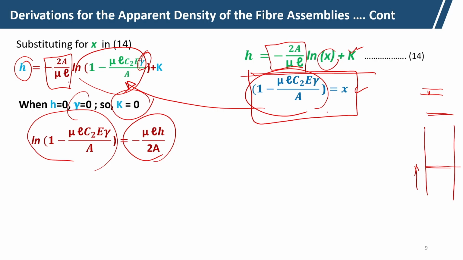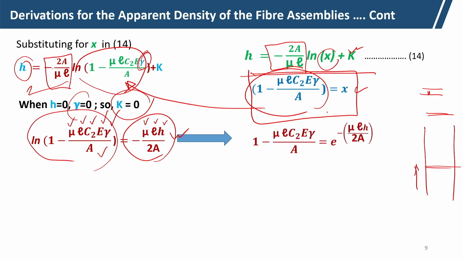So, this is the relationship: natural log of 1 minus mu L C2 E gamma divided by L equal to minus mu L h divided by 2a.